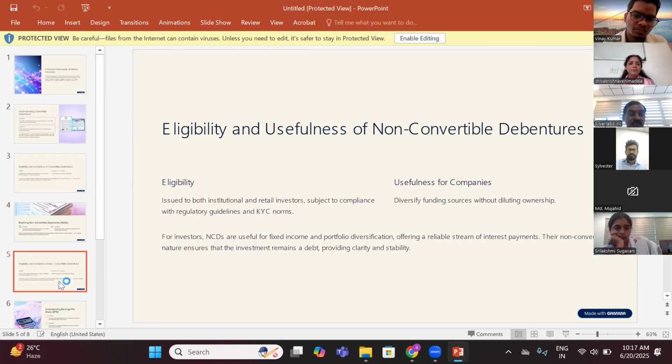When they pay this interest to the investors, they also deduct TDS from the interest paid and remit it to the income tax authorities. After paying interest, they also file with the ROC, as part of completing the debenture certificate process. They do the filing with the ROC in form MGT 14.